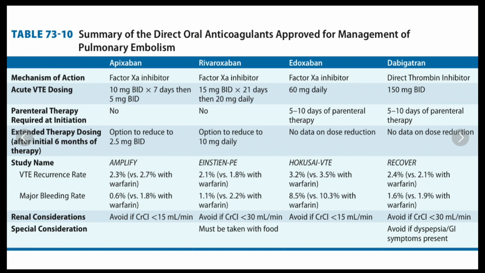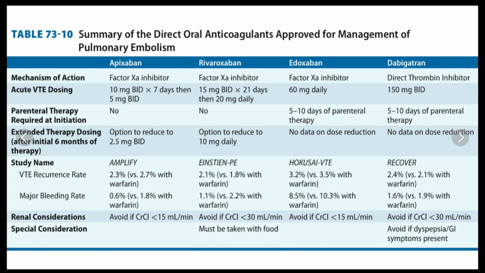And the EINSTEIN PE study is there for rivaroxaban. The recurrence rate is only 2.1%, and the major bleeding risk is 1.1%, while with warfarin the bleeding risk was 2.2%. We should avoid it if creatinine clearance is less than 30 ml per minute, and rivaroxaban should be taken with food. Very, very important: rivaroxaban should be taken with food.